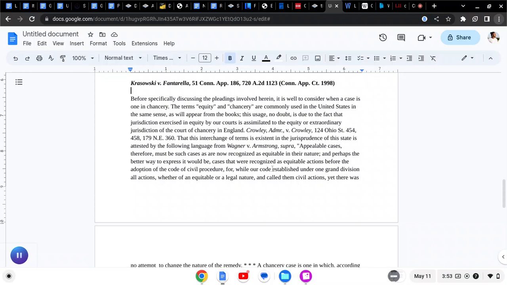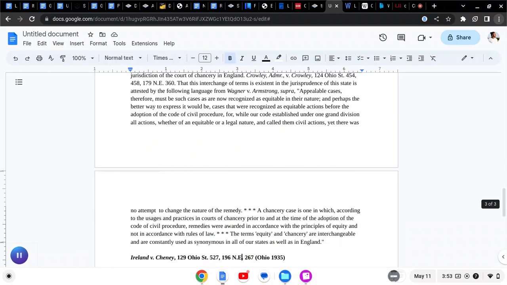For while our code established under one grand division all actions, whether of an equitable or legal nature, and called them civil actions, yet there was no attempt to change the nature of the remedy.